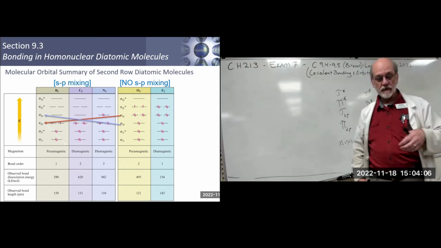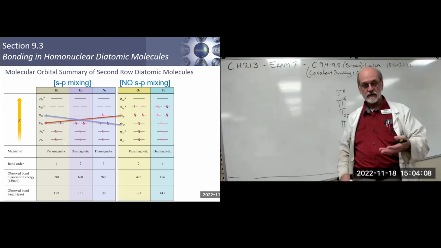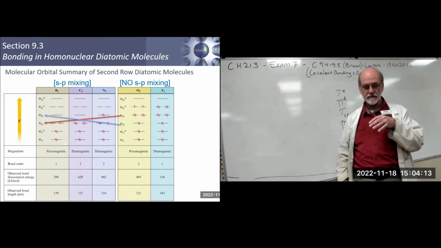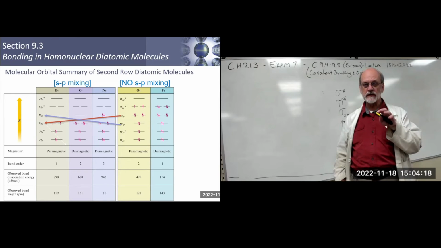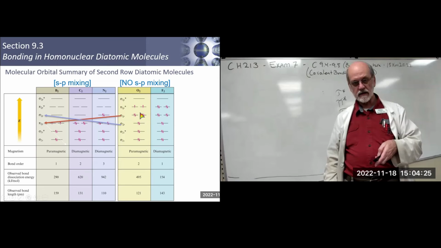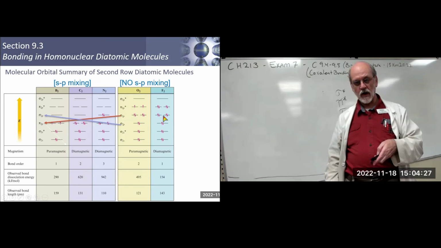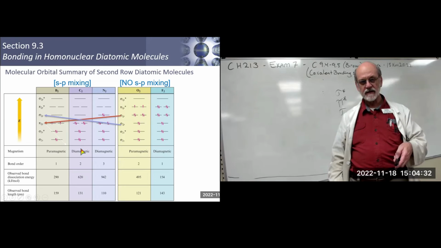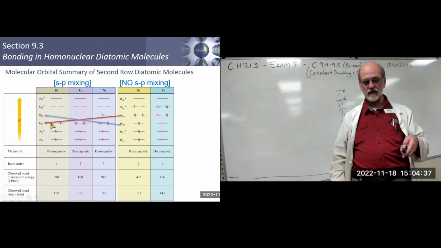It also fills in electrons to illustrate the difference in these molecules attributed to either diamagnetism or paramagnetism. There's oxygen with its unpaired electrons, and there's fluorine with all of its paired electrons, which is diamagnetic. Nitrogen is diamagnetic, as is carbon, but then boron has unpaired electrons, and it is paramagnetic.